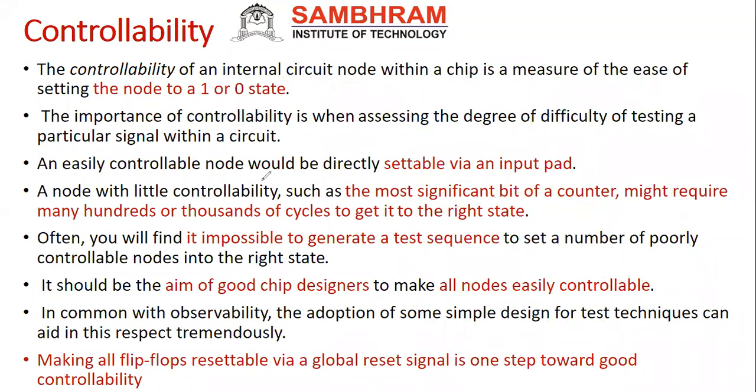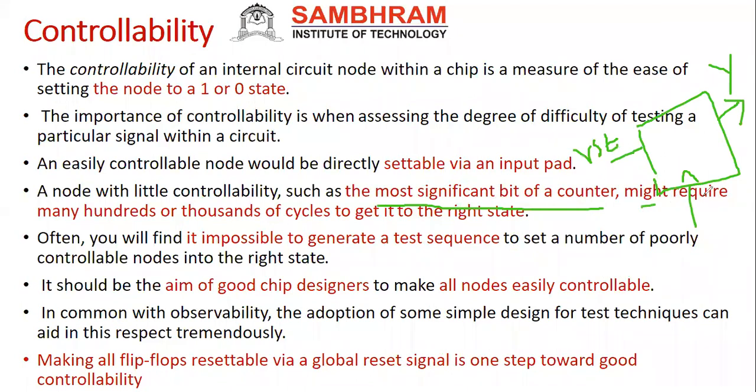Now, a node with little controllability is, for example, the MSB bit of a counter. If you have a 4-bit counter, the input is the clock, and I may have a reset pin, and the output is Y. The MSB bit of Y in a 4-bit counter might require many hundreds or thousands of cycles to get into the right state.